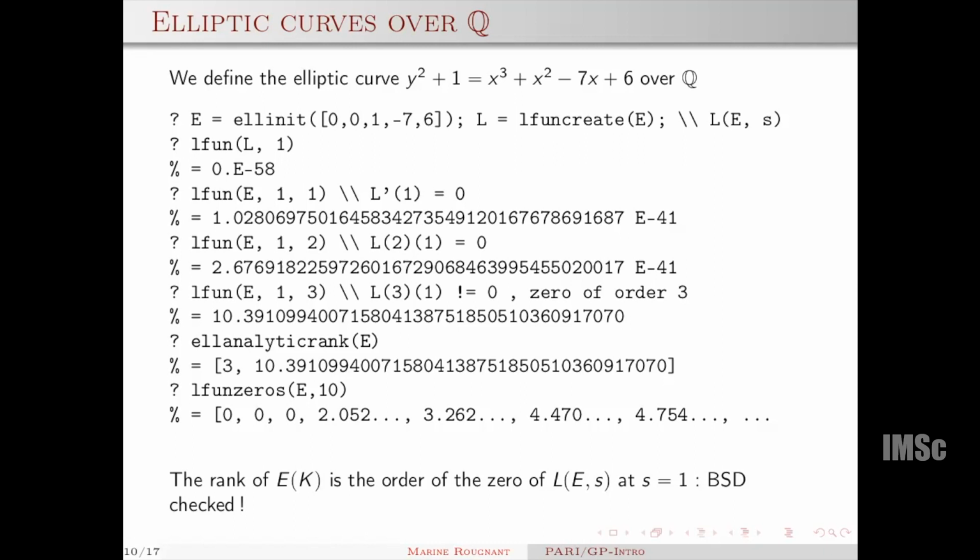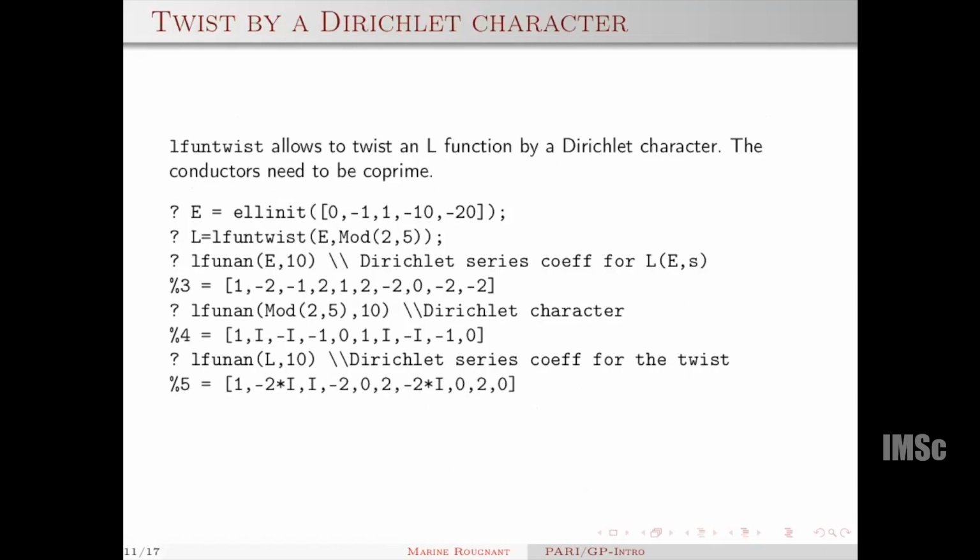So you can twist your L function if you want. For that, you use L twist. Here I have my L function attached to an elliptic curve, and here I have my twist. So you just use L twist, and you get a new L function.